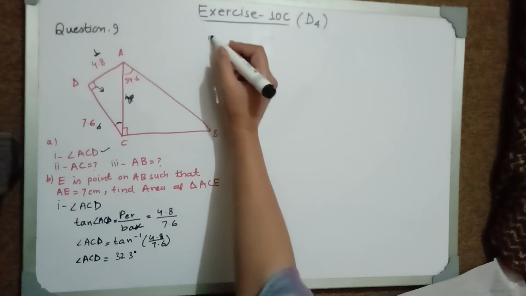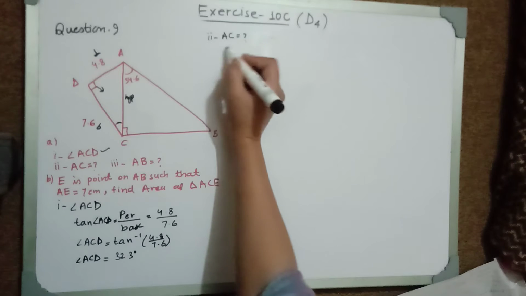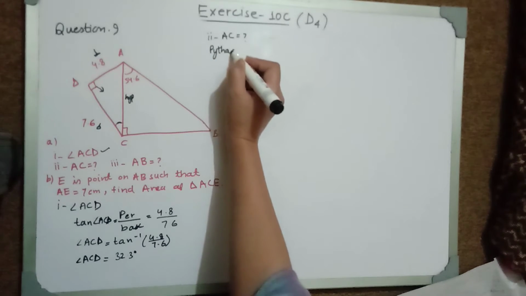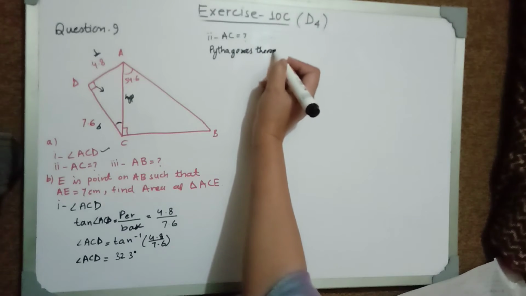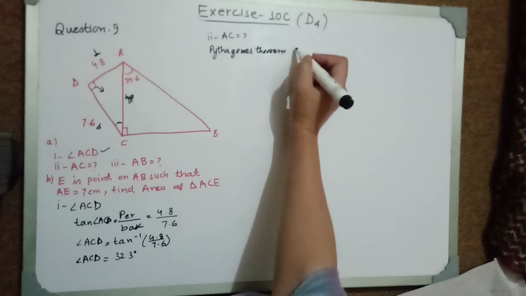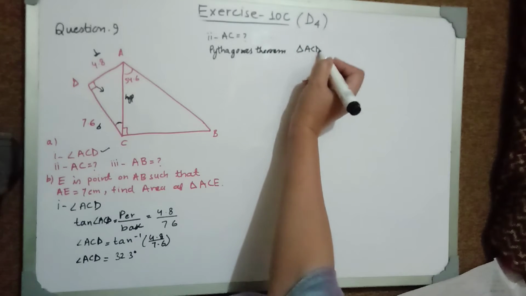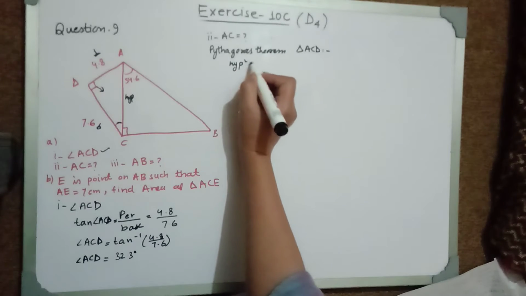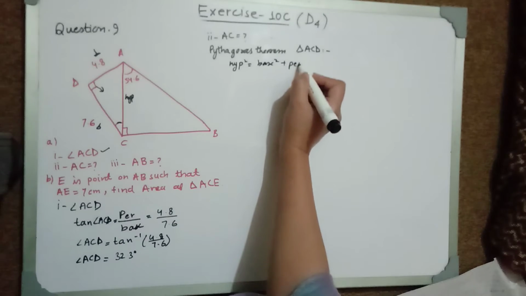So to find AC using Pythagoras theorem on triangle ACD, it says that hypotenuse square is equal to base square plus perpendicular square.